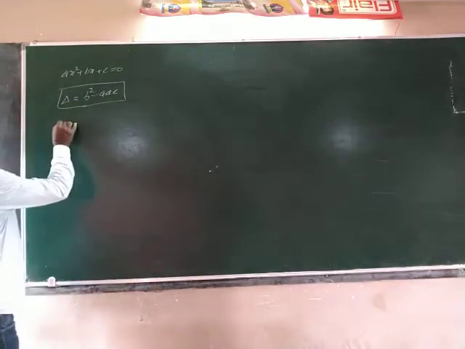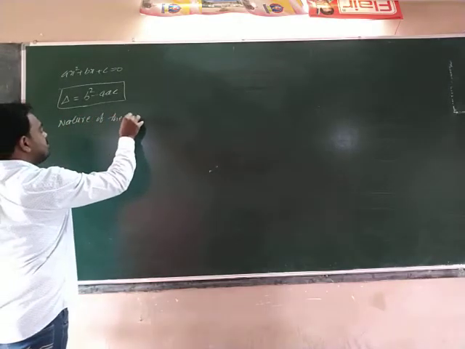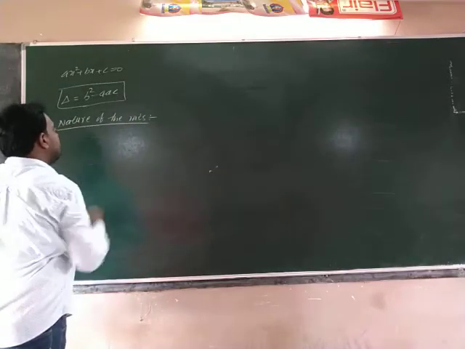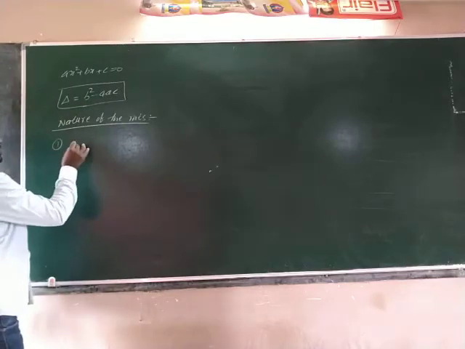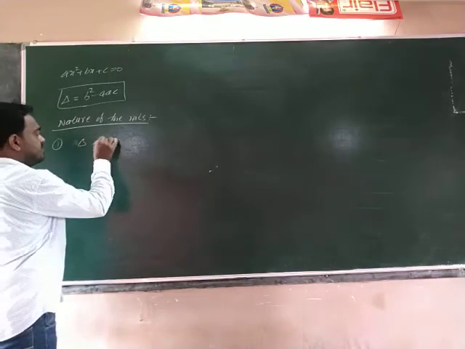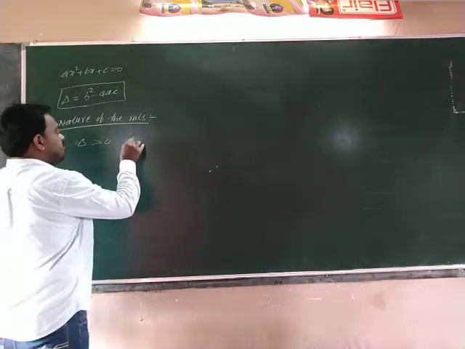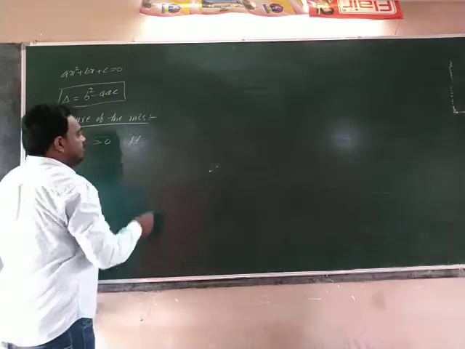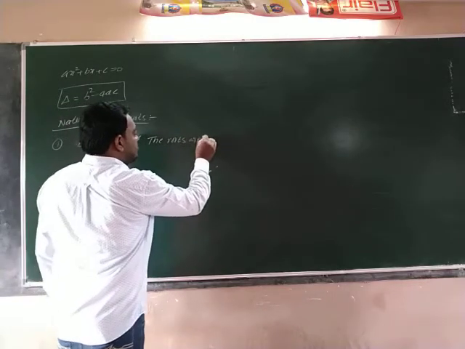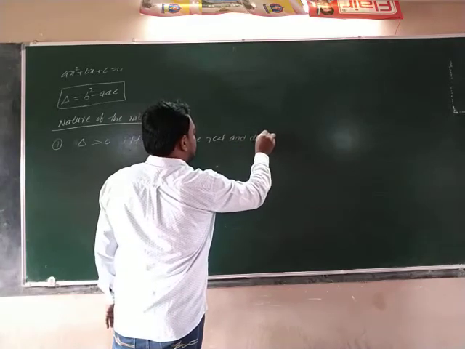Next, the nature of the roots. The nature of the roots depends on the discriminant value. First one, discriminant is greater than 0, positive, if and only if the roots are real and distinct, different numbers.